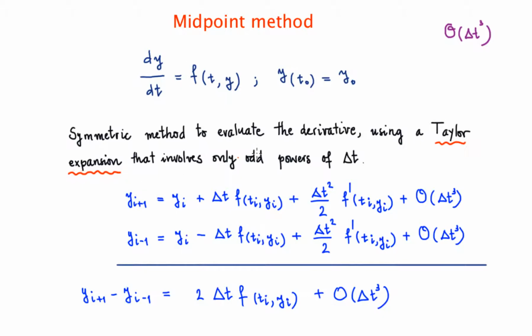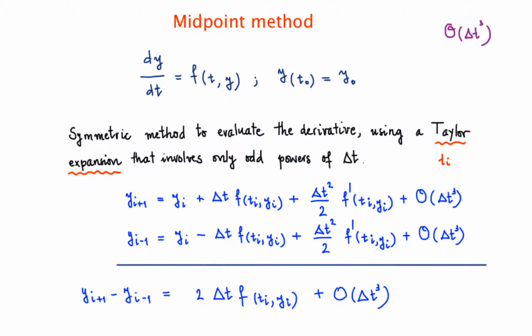This Taylor expansion will be made, as in the previous methods, around time ti. But we're going to make two Taylor expansions, and that's going to be crucial in order to go a step further on the accuracy of the method.